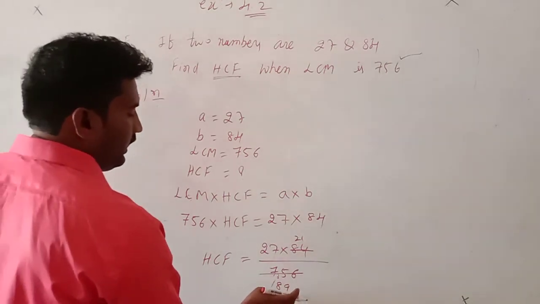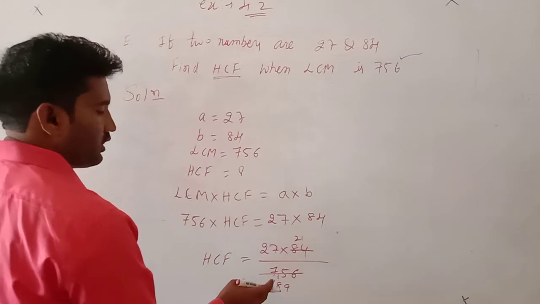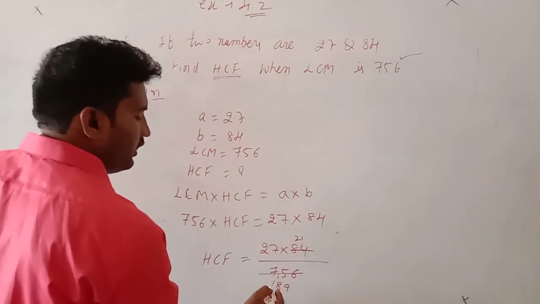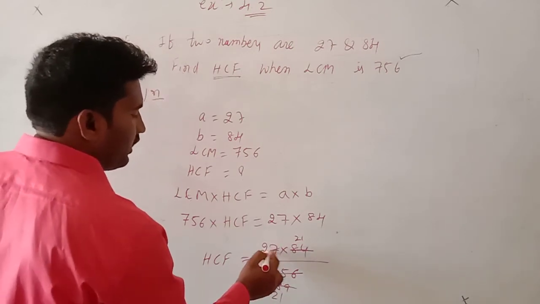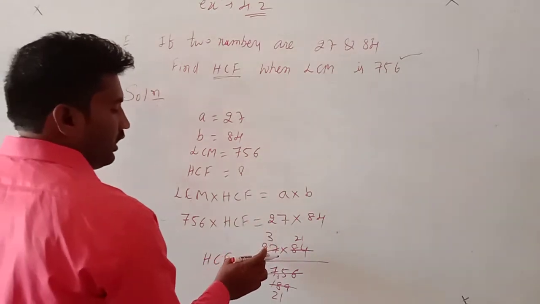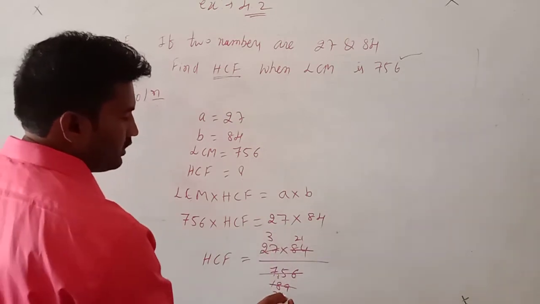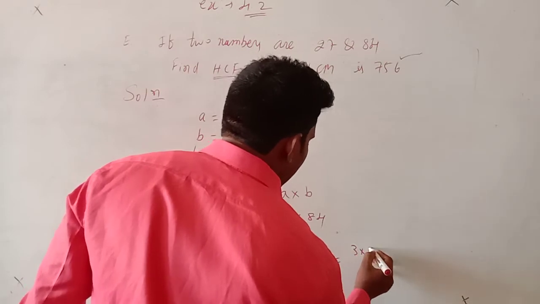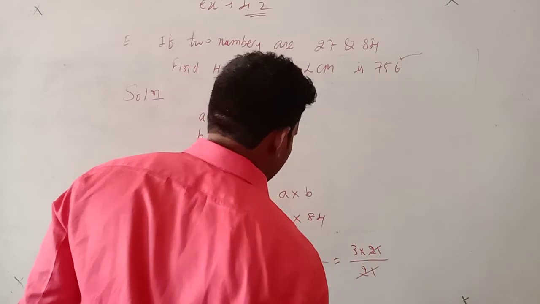So we get 189 in the denominator. It can be divided by 9, because the sum of the digits is divisible by 9. 9 twos are 18, 9 ones are 9, 9 threes are 27. So we get 3 into 21 over 21, and 21 ones are 21.